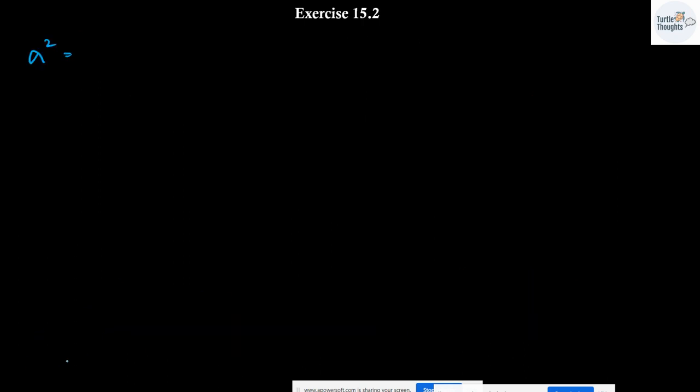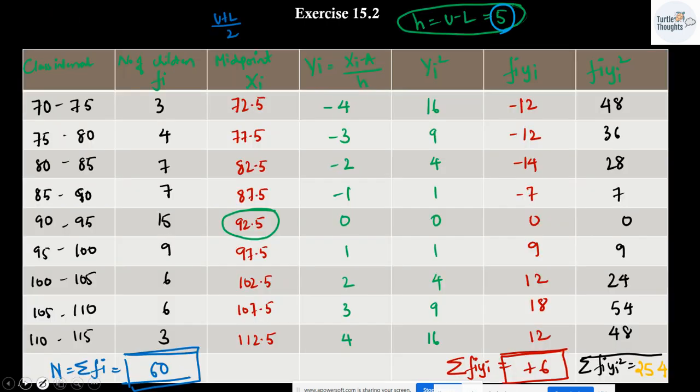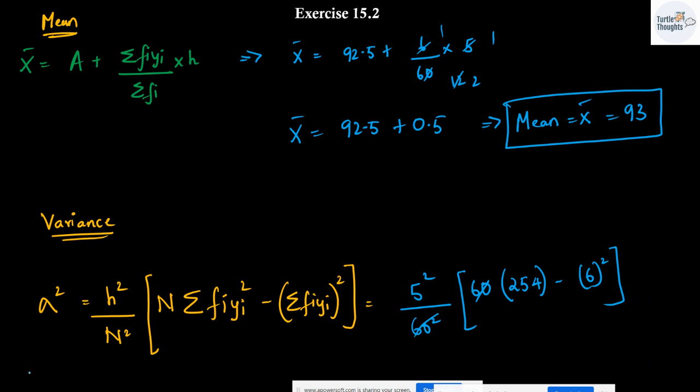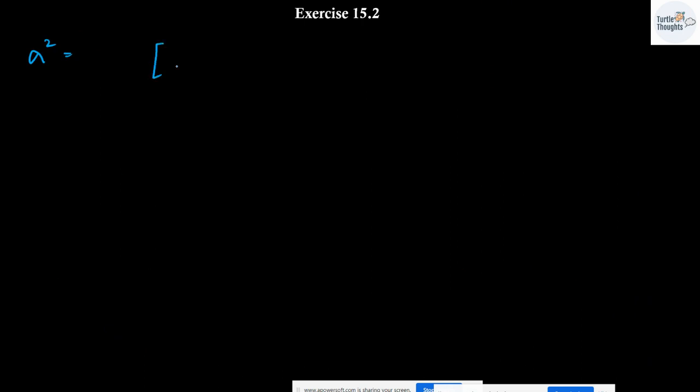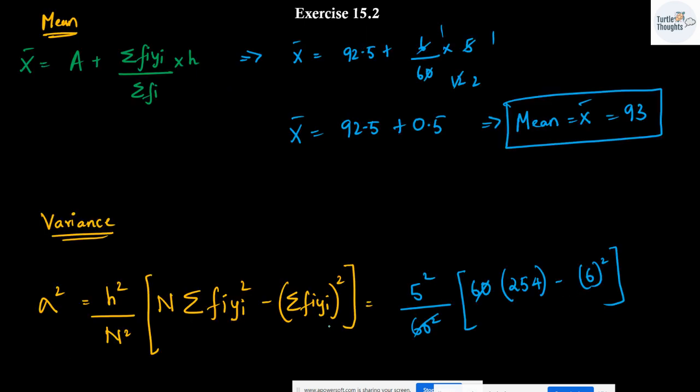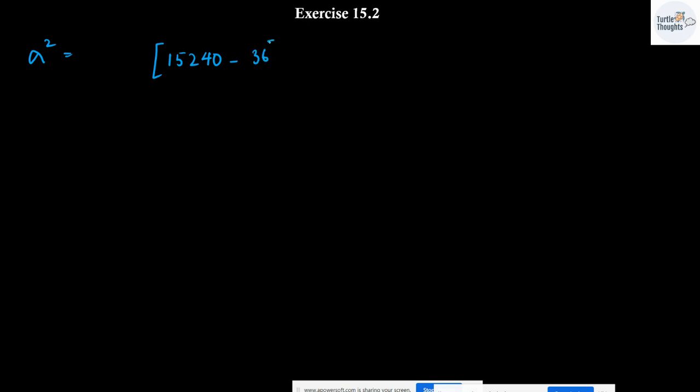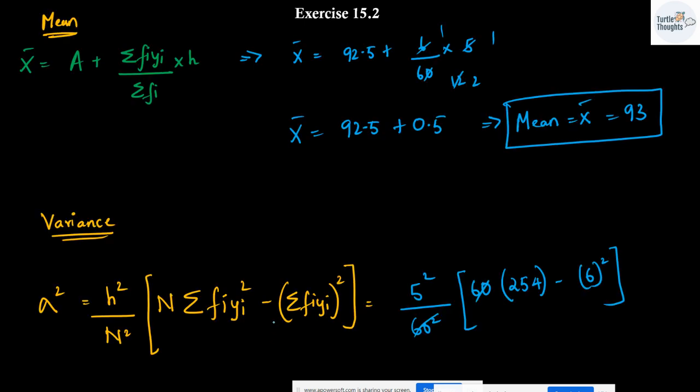I will be taking that as 60 multiplied by 254. 254 multiplied by 6 is 1500, and 6 multiplied by 4 is 24. 1524, so it is going to be 15,240 minus 6 square. 6 square is going to be 36, and here it is going to be 25, and here we are dividing it with 60.